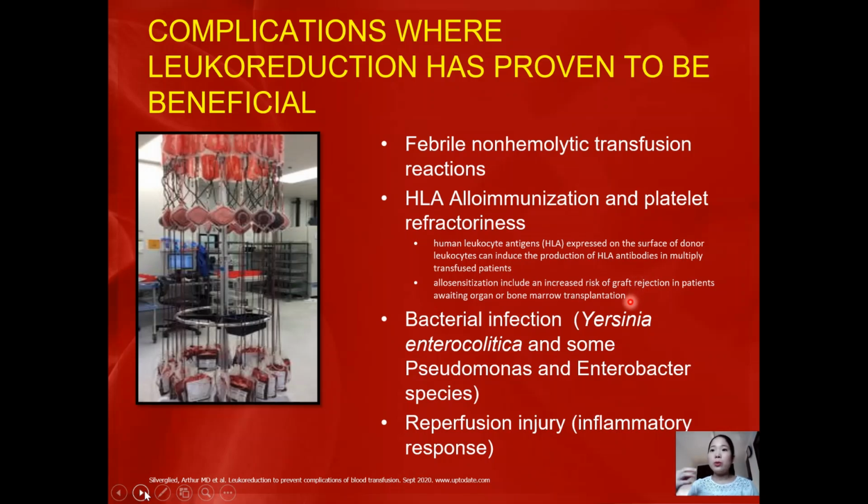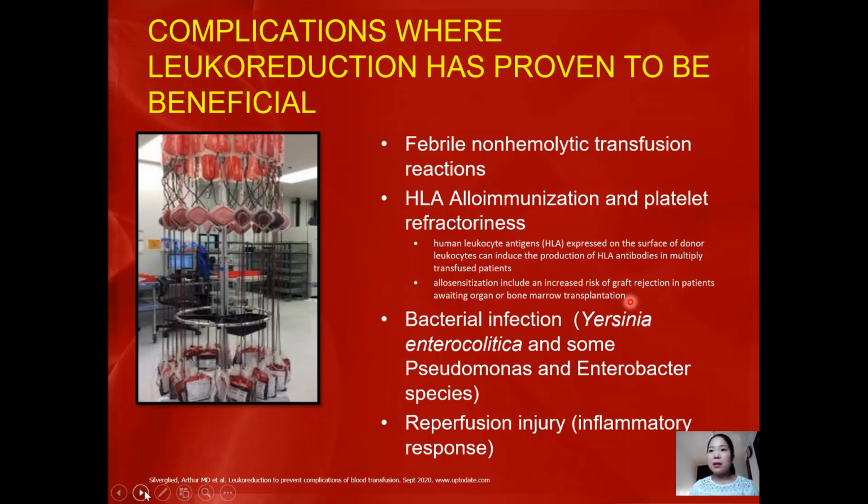So you lessen this HLA alloimmunization and platelet refractoriness, especially when you want to reduce the burden of continuous platelet transfusion, by giving leukoreduced packed red blood cells and platelets.